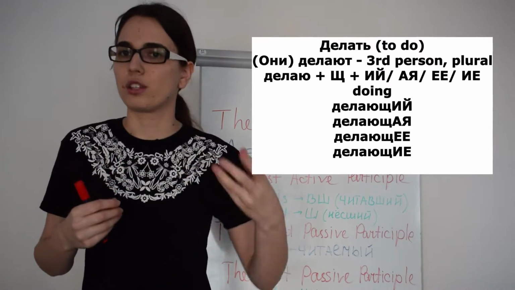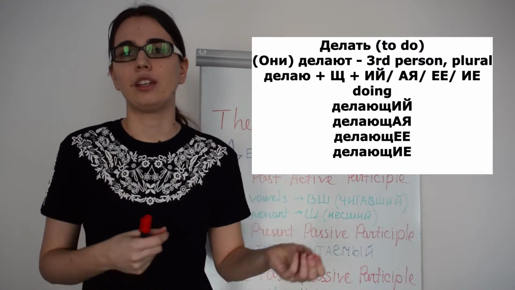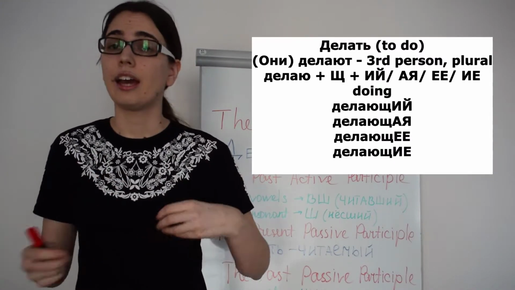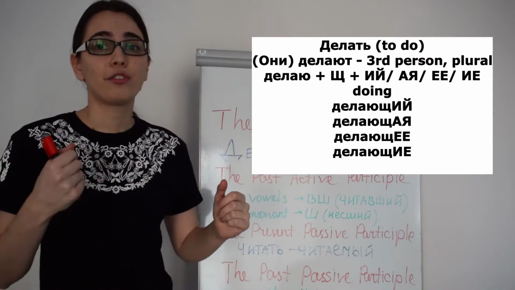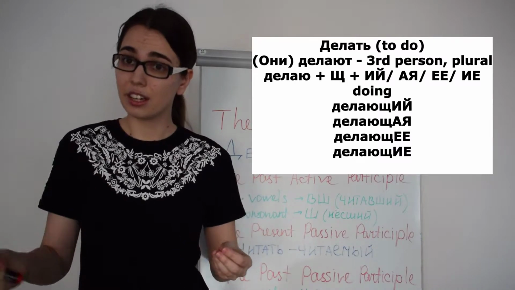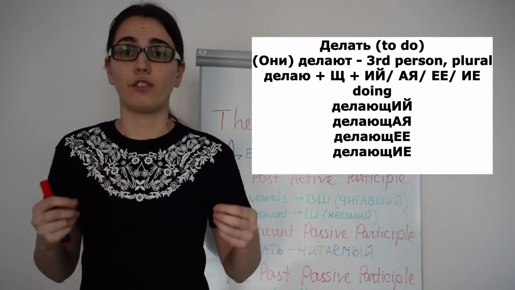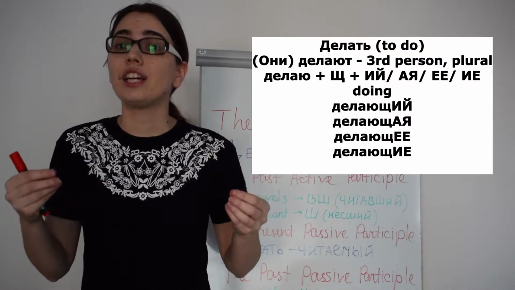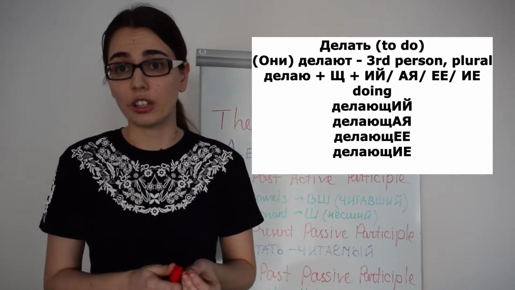If it's masculine, then it's ий. If it's feminine, it's ая. And if it's plural, it's ие. And so I have делающий, делающая, делающее if it's neuter, and делающие if it's plural.